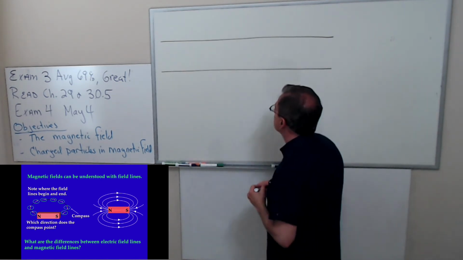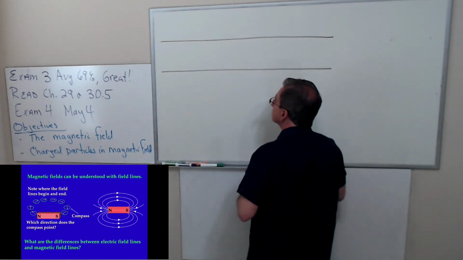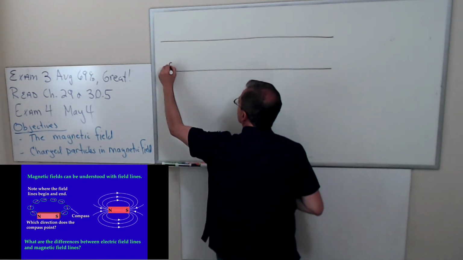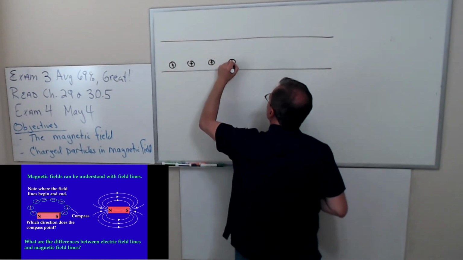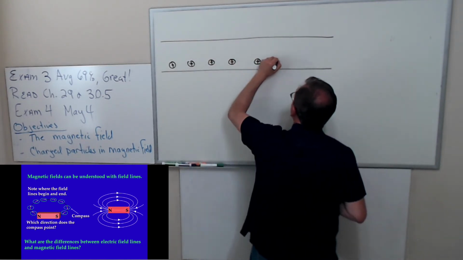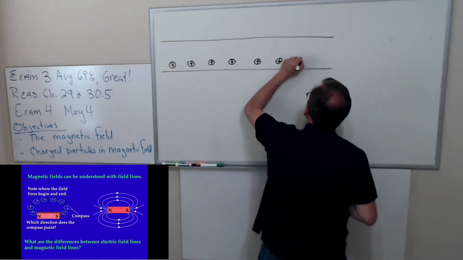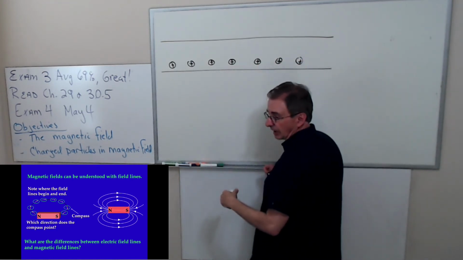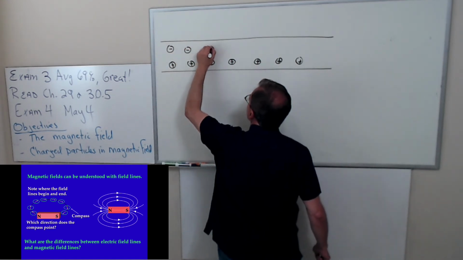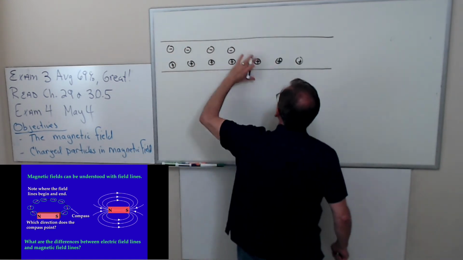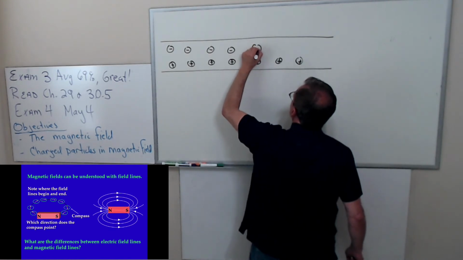Let's say we have a bunch of, I'm going to just draw it this way, this is not accurate, but the wire has a bunch of positive charges and a bunch of negative charges. And on average, what can you say about the total charge of this wire?